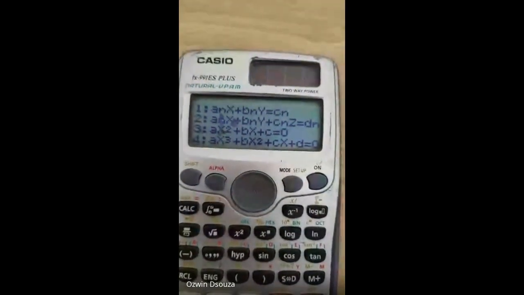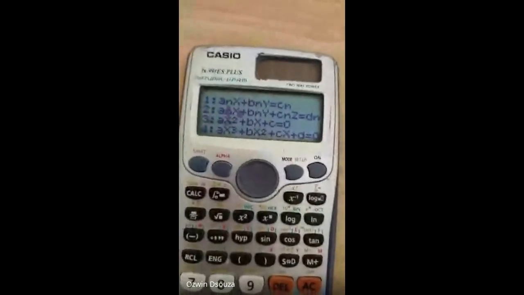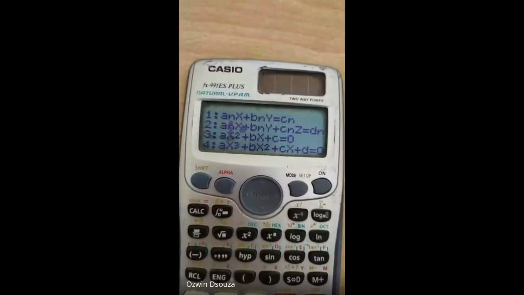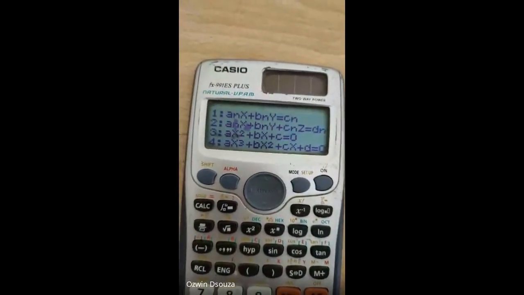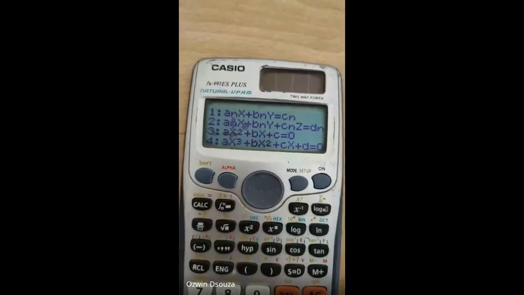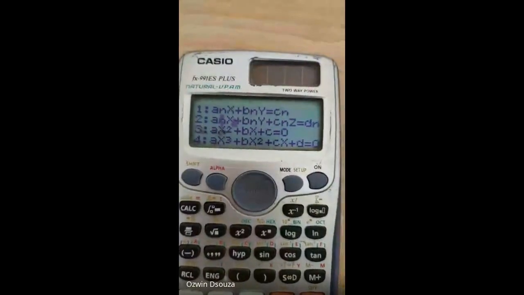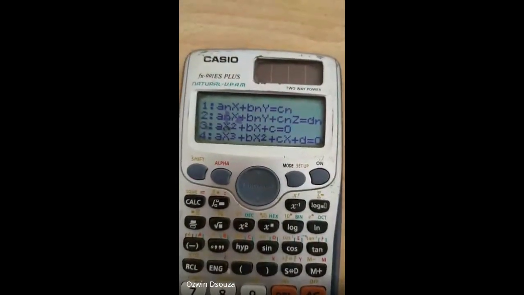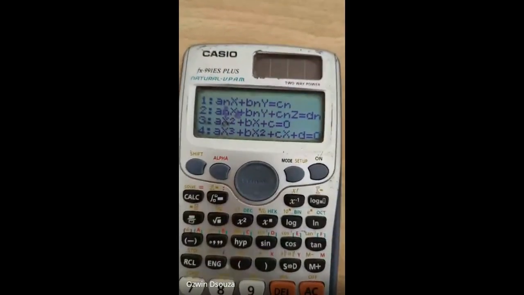The moment you press the selection key, you will be given four further options. The first option says ax plus by is equal to c. That's the reason we had kept our equation like that: IR1 plus IR2 is equal to E1. Now, in the problem we discussed the other day, we had 3 unknowns.